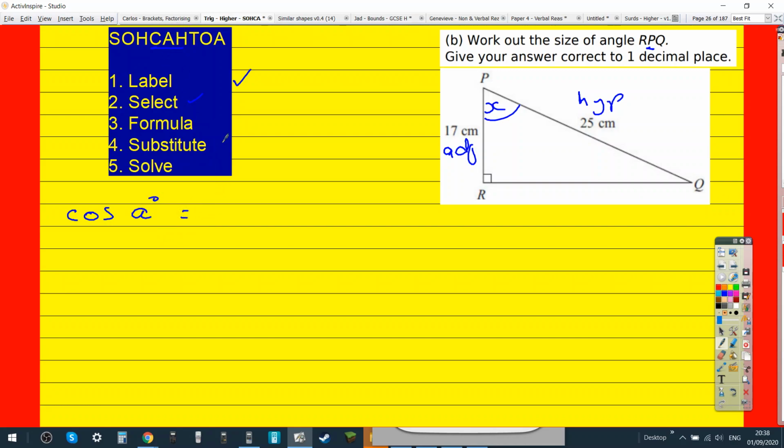So what is A and H? It would be 17 over 25. That is 17 over 25. Okay.